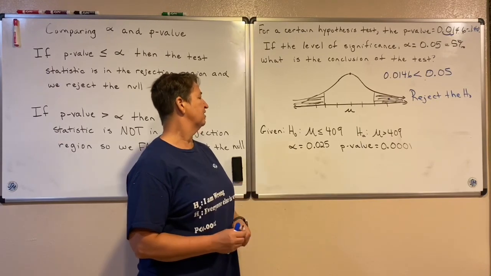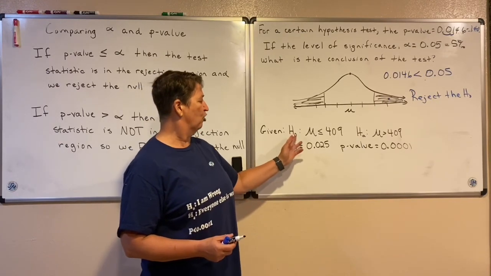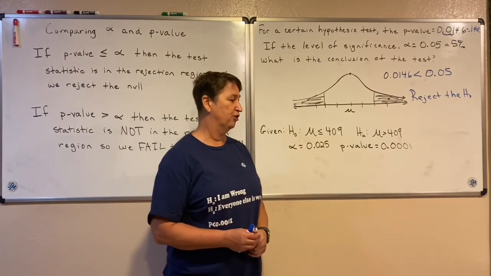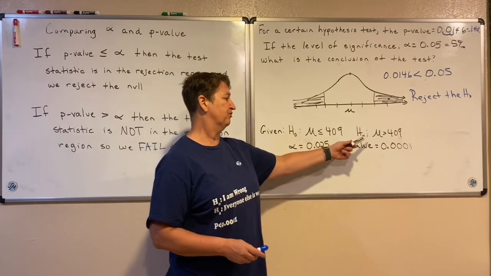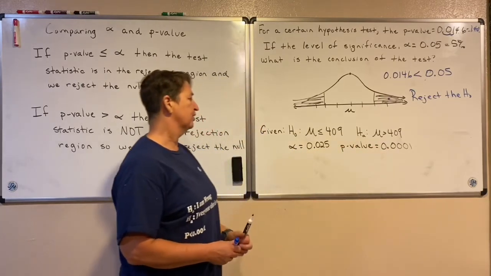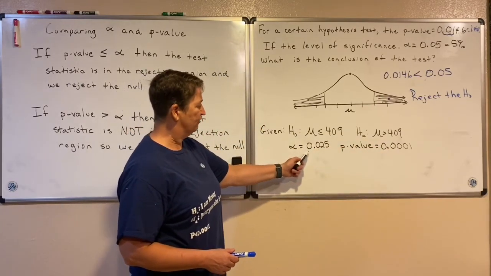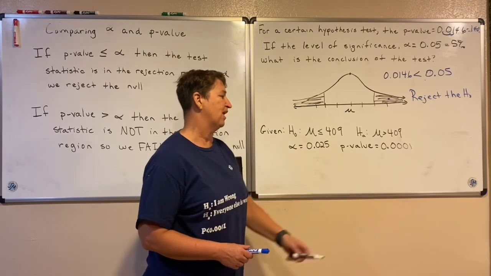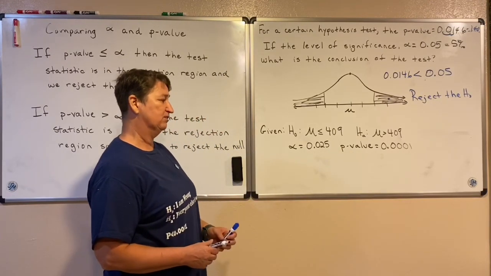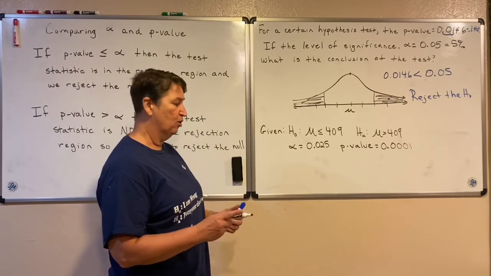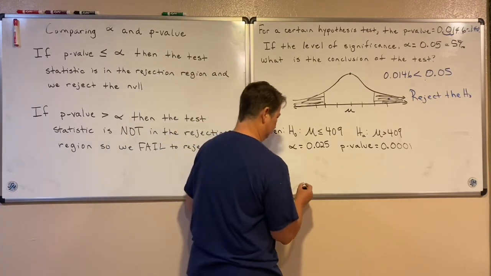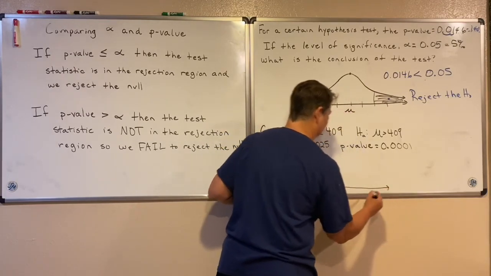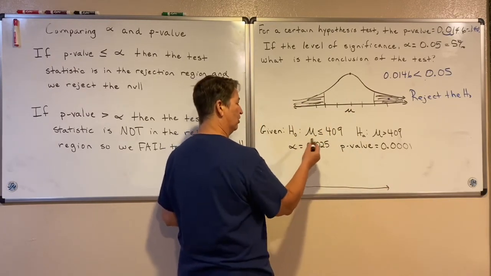In this case, we're given this null hypothesis where our mean is less than or equal to 409 and our alternative is greater than 409. And here I have a level of significance at 0.025 and my p-value is 0.0001. Well, I can actually draw, assuming that the test statistic is part of a normal distribution, I know a little bit from this.